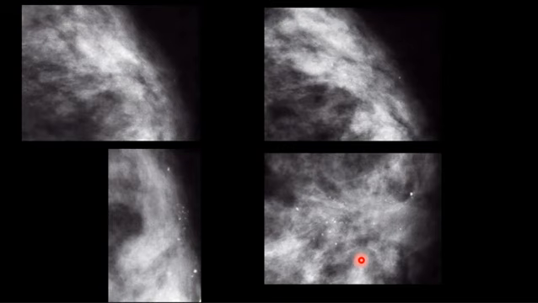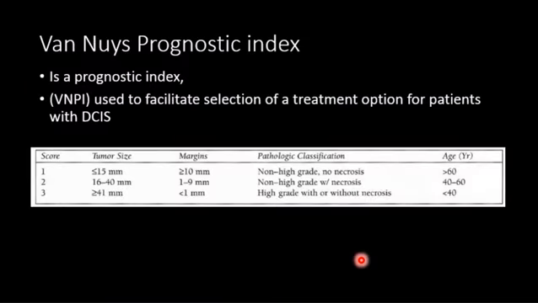There is something called the Van Nuys prognostic index. I will not talk about it much, but I just want you to have an idea about what that is. It's a prognostic index that is used to facilitate the selection of treatment options for the patient with DCIS. Okay?